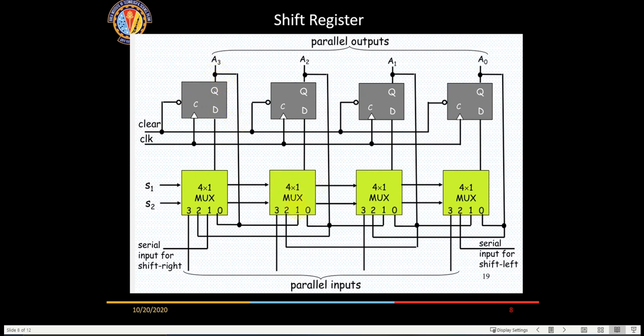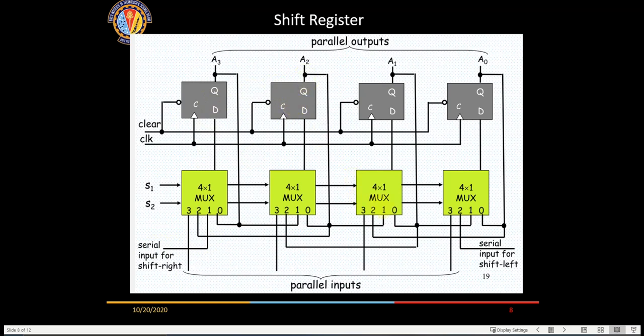Where is the 1 connected here? It is connected to A3. So with the clock, the data of A3 will come here. This data input has come here, and A3's data will come to A2.